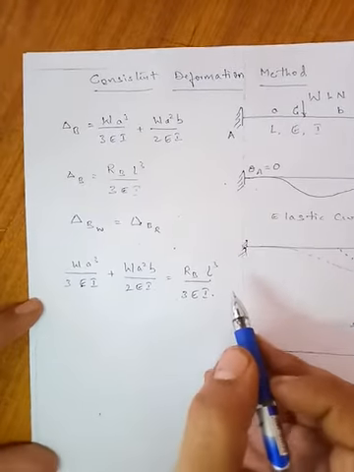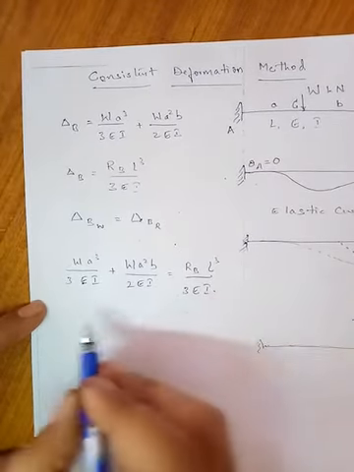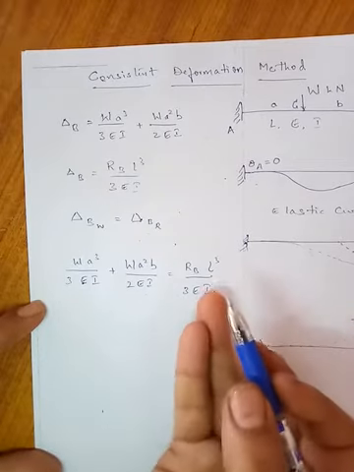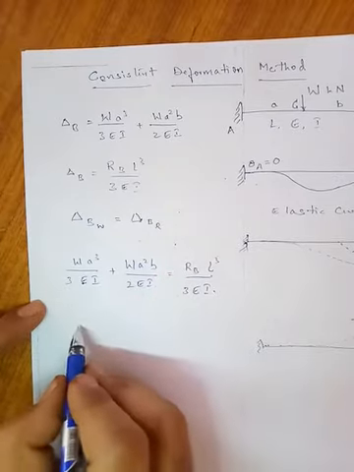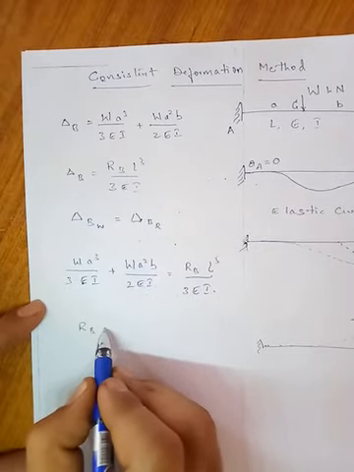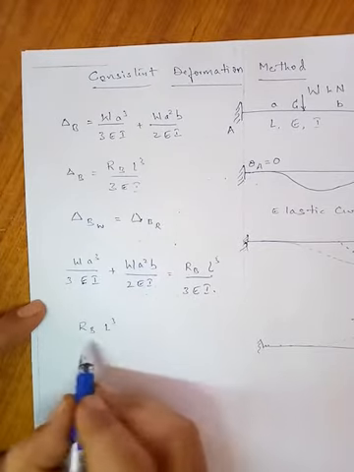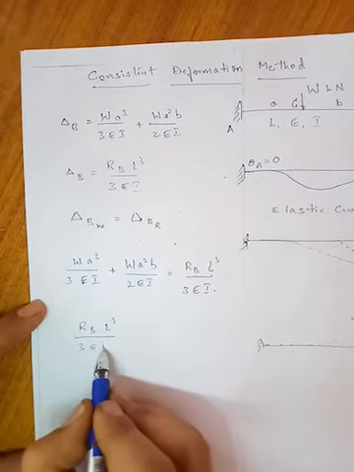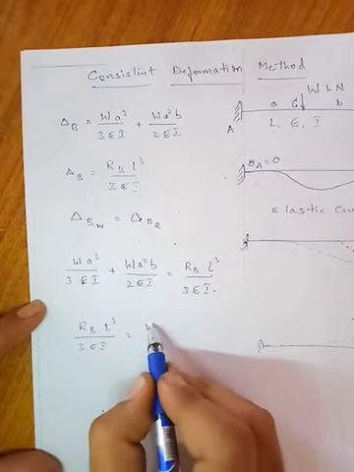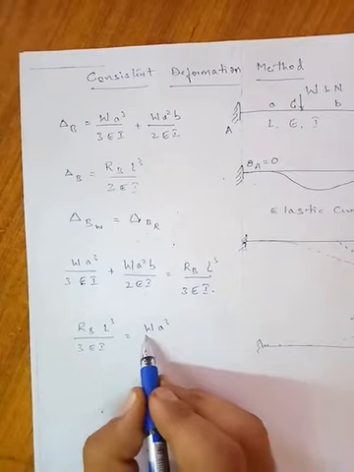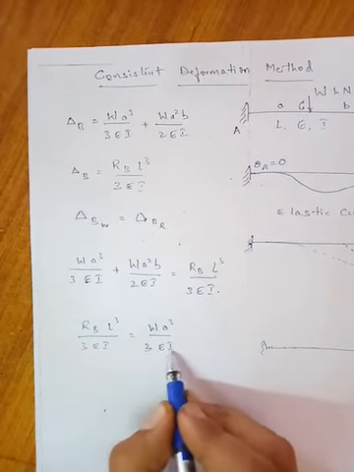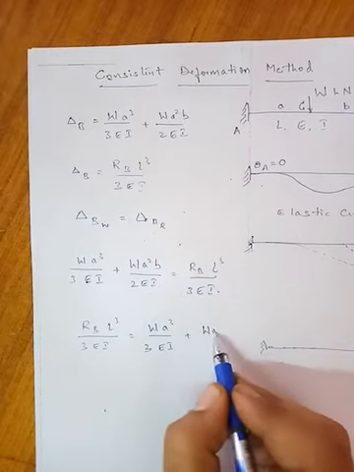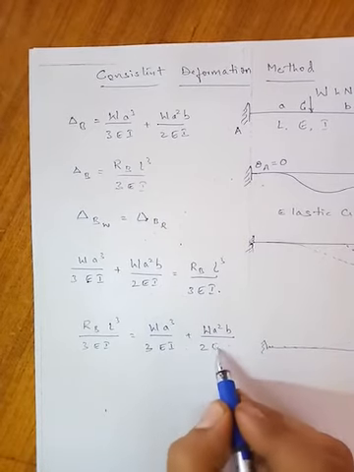Let us simplify this one. I am going to interchange the right hand side to the left hand side so that it will be easier to find. RB into L cube upon 3EI is equal to W A cube upon 3EI plus W A square B upon 2EI.